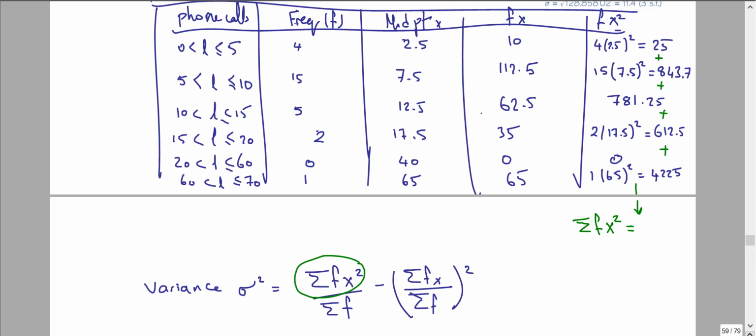Add them all and tell me what's the answer. After this, we add all the values in the column fx to get sigma fx.